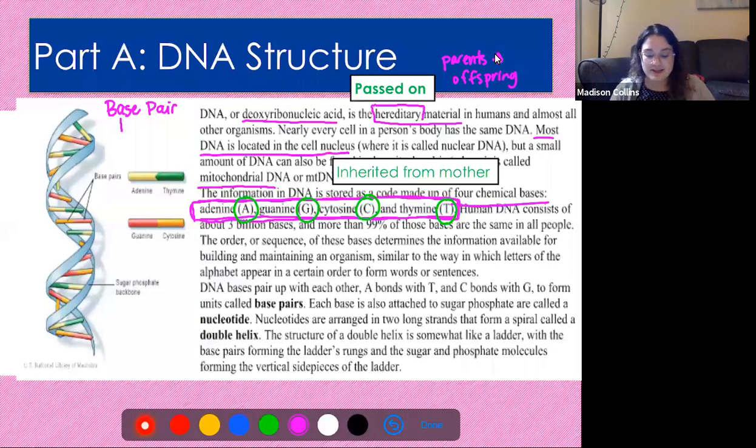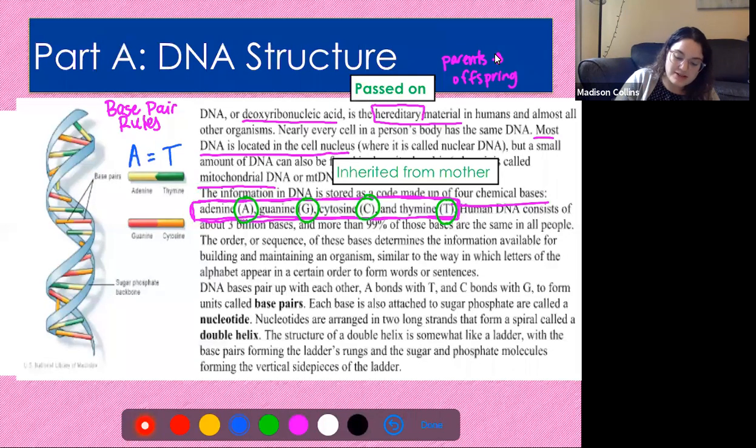With these 4 bases, they're very specific about who they hang out with. They've got one partner and one partner only. Adenine, A, always pairs up with thymine, or T, and guanine always pairs up with cytosine. They're never going to switch partners.